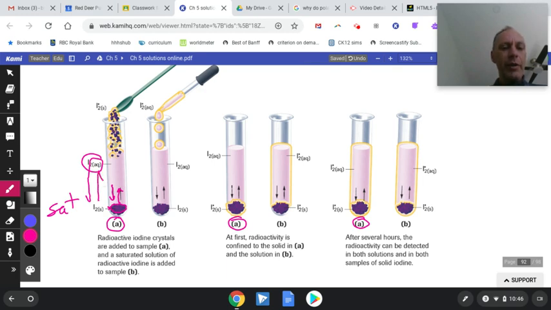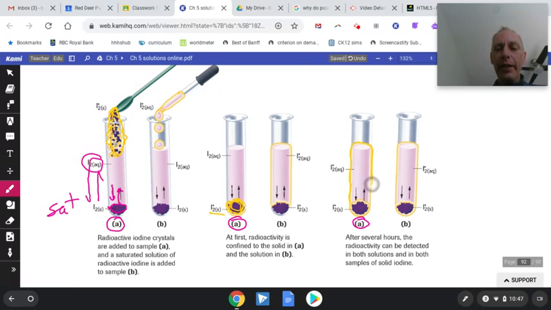And for this experiment, they add radioactive iodine. And the radioactive iodine is glowing gold. So you can see it all here. And I'm just drawing some more gold around it. So as it moves in and you look at it, it falls to the bottom as a solid. So here it is. We've got our solid radioactive iodine. Over time, the solution also becomes radioactive.